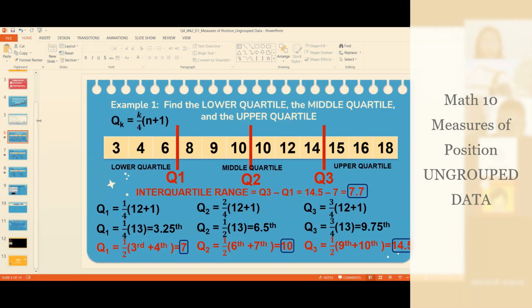Yes, Diana? May mga kulang po ibang numbers. Okay, may mga kulang na ibang numbers but it's okay. Kasi in reality naman, possible na may walang 5 na score, di ba? So okay yun, that's one observation. But what about the arrangement of the numbers?